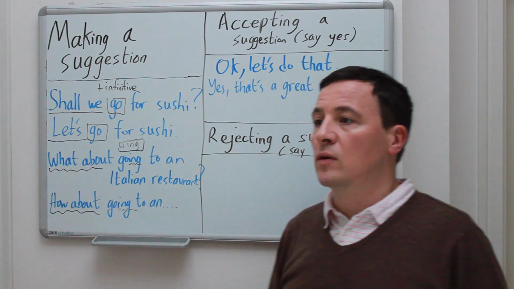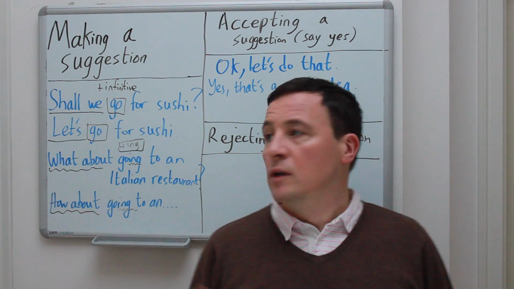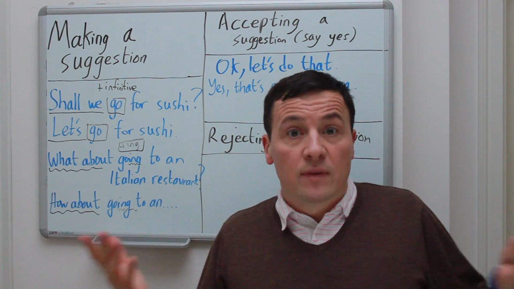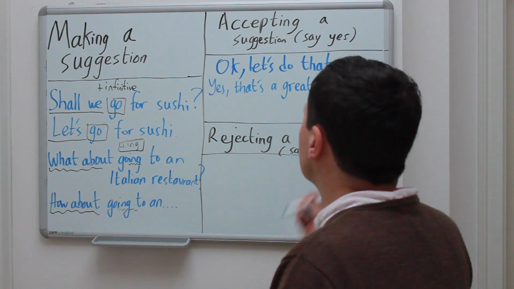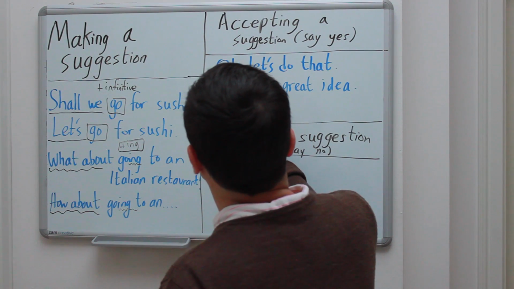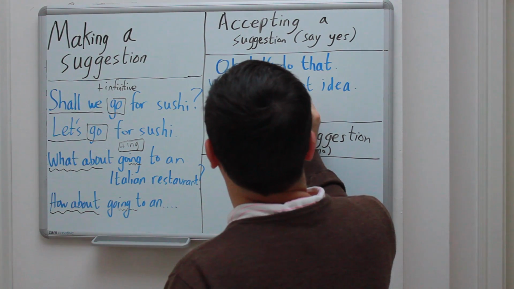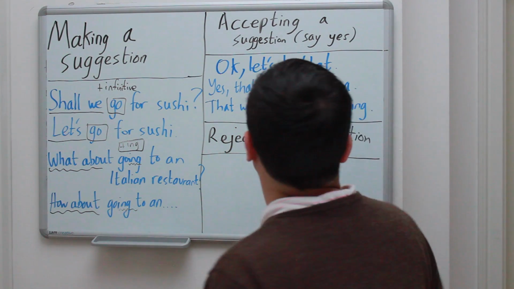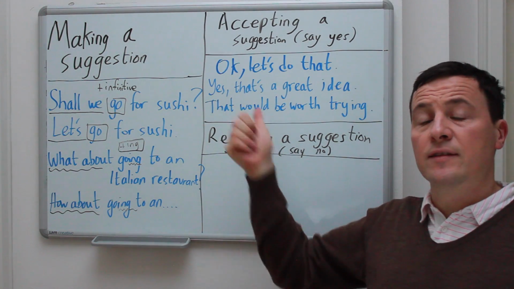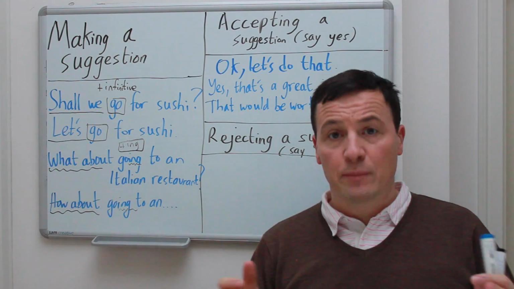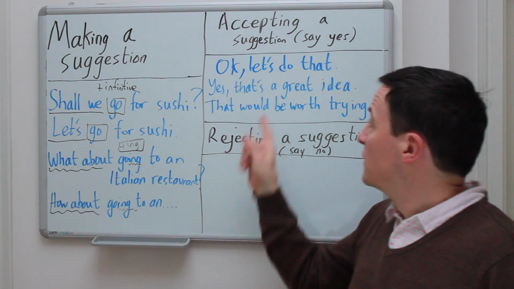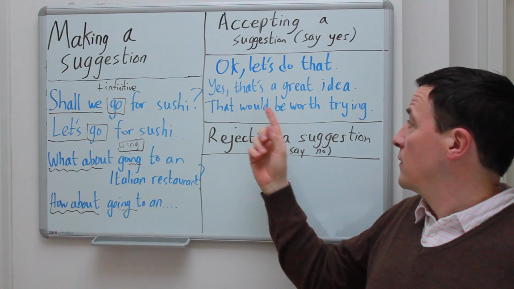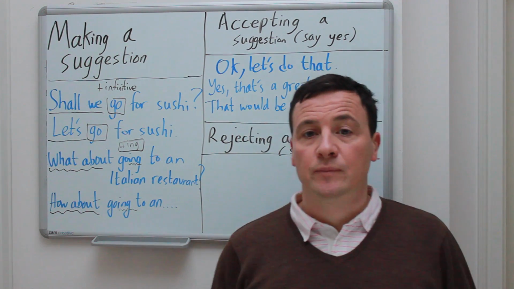Or another example, if somebody says to you, oh, what about going to an Italian restaurant? You could say, oh yeah, that would be worth trying. Okay, so these are three phrases that you can use to accept the suggestion or to say yes, let's do that, or yes, that's a great idea, or yes, that would be worth trying.